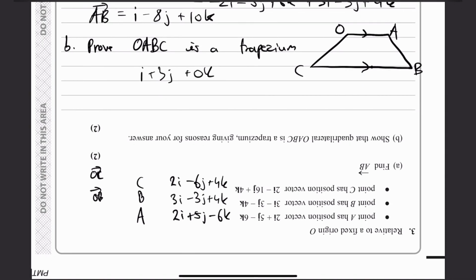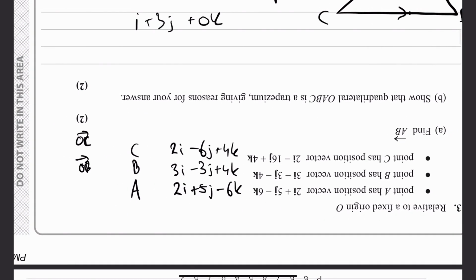So why is this not working? Oh, hang on. I've read C wrong. This is a 16. It's minus 16j plus 4k.